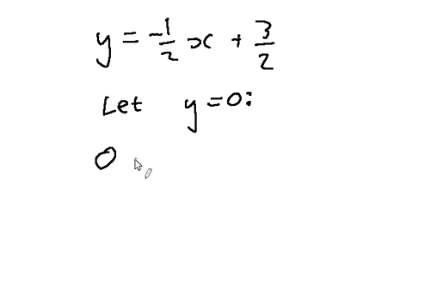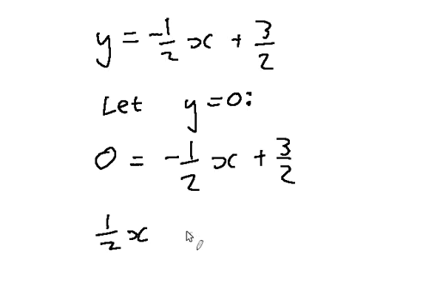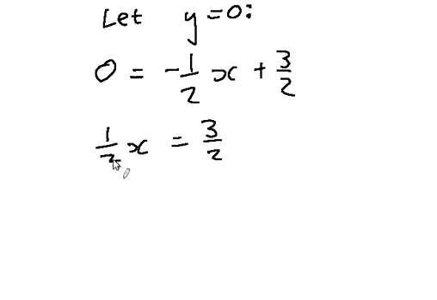So 0 equals minus a half x plus 3 over 2. Okay, and this is then back to grade 9 maths, just finding out what x is. Let's add a half x to both sides. So we get a half x is equal to 3 over 2. Then we're going to times both sides by 2. x is equal to 3.